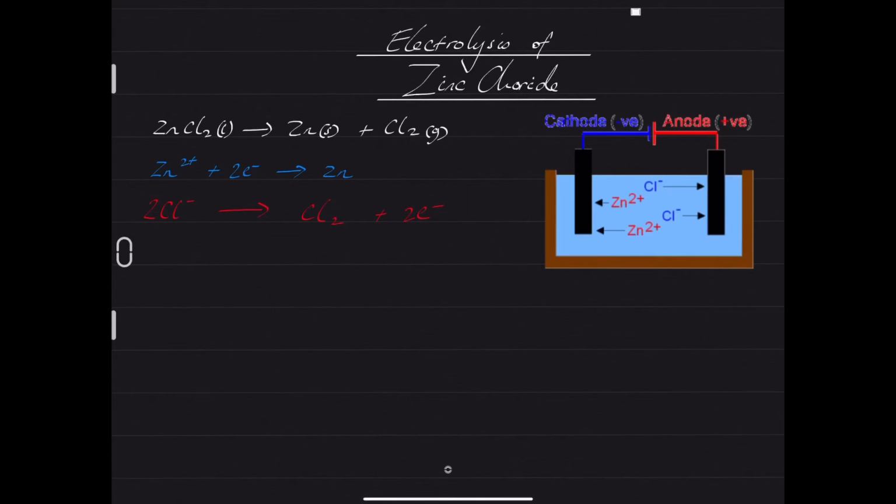Chlorine gas is being formed at the anode because the Cl minus ions are migrating towards the anode because of the force of attraction, because of the opposite charges which are attracting each other. And there the chlorine ions are losing 2 electrons, and thus they're forming their diatomic molecule of chlorine gas.